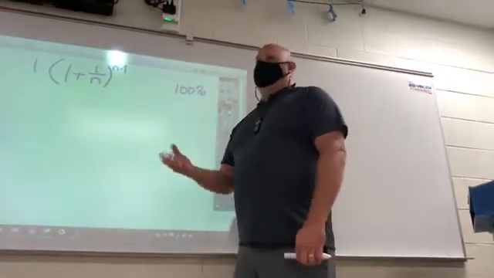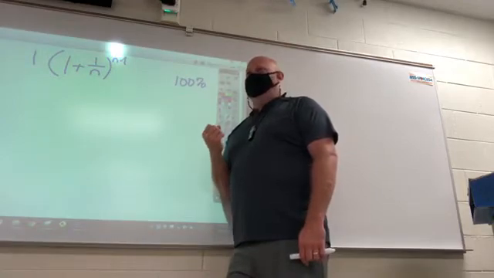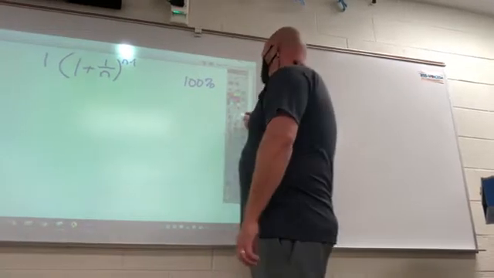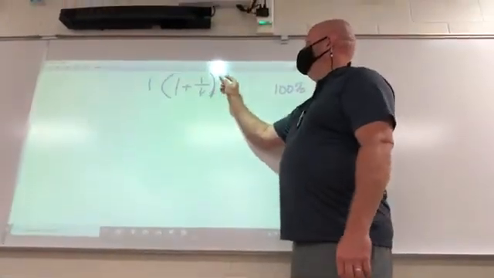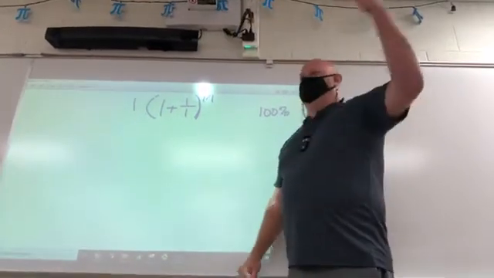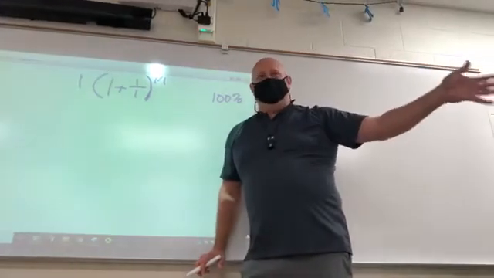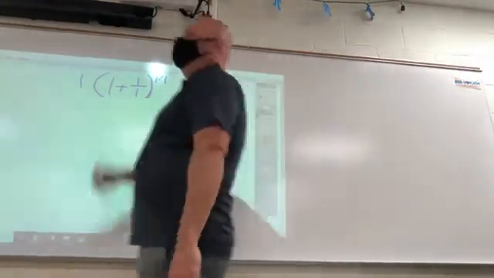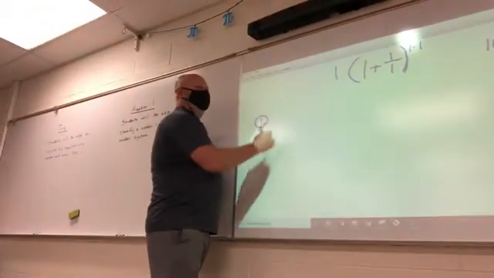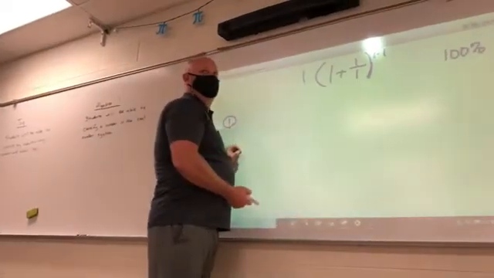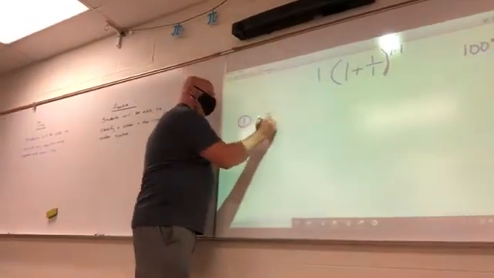Now, n is how often this is compounded. Do I get it once a year? If I do it once a year, that means I get the 100% interest. They wait till December 31st, and they give me all my interest for the year on that day, right? Make sense? So what is that calculation? After 1 year, if I calculate it one time, 1 plus 1 is 2, to the 1 power is going to be 2.